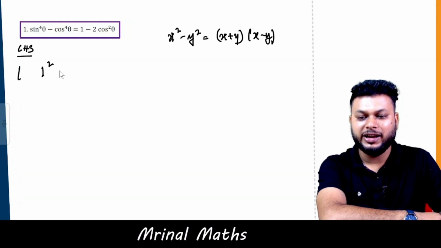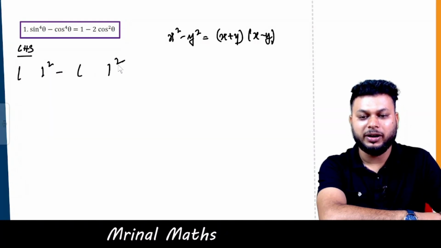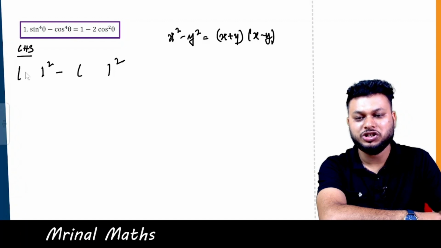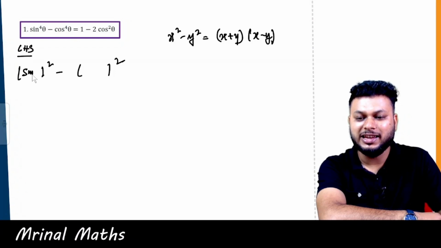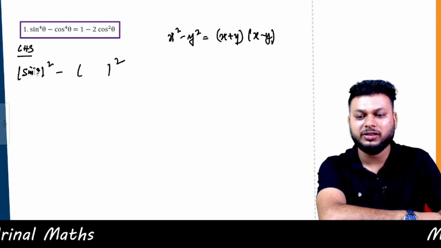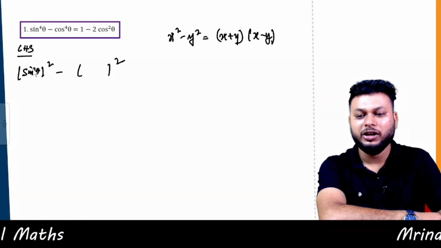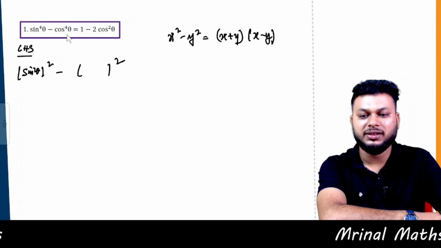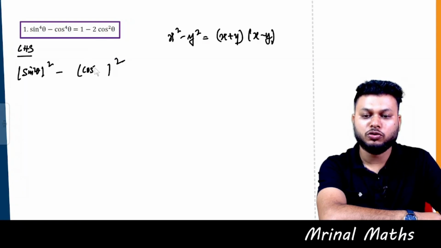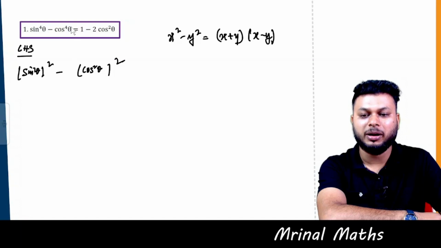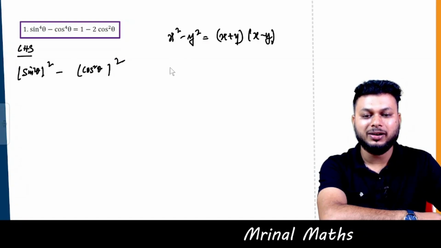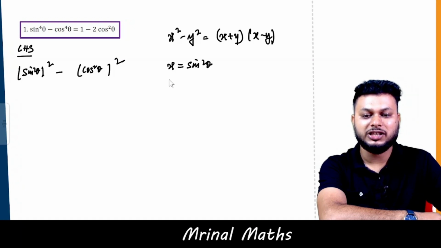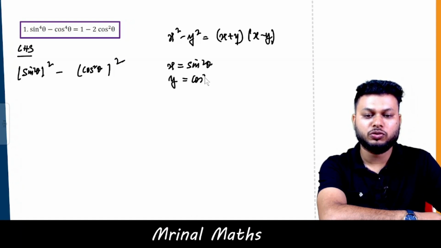To satisfy this, I need to write sine square theta, because sine square theta with a square above becomes sine to the power 4 theta. Similarly, I am going to write cos square theta. Again, square and square become power of 4. So you understand here the x value is sine square theta as well as the y value is cos square theta.